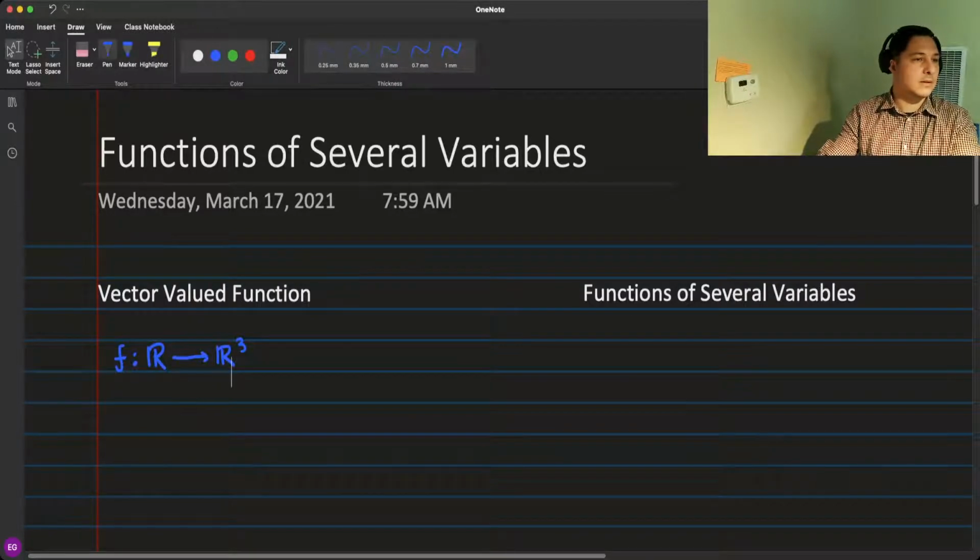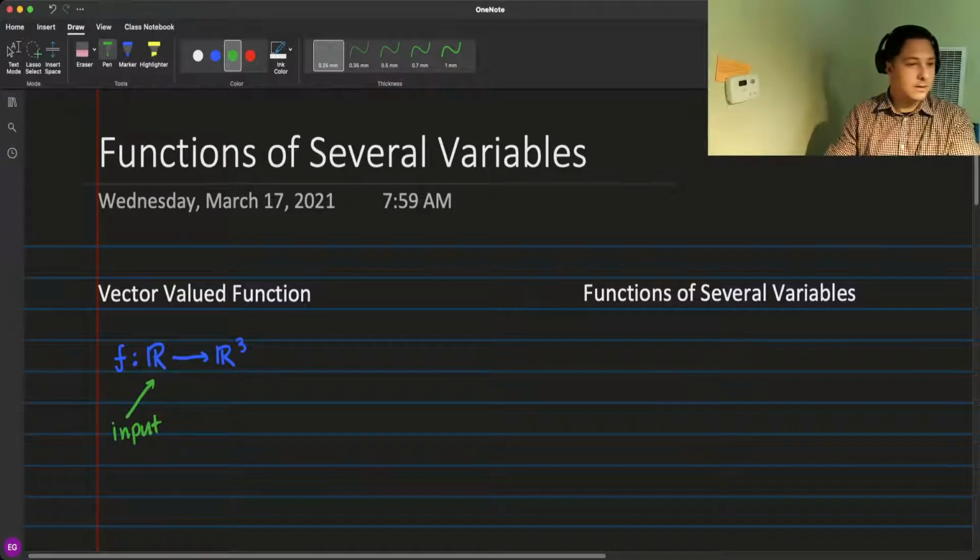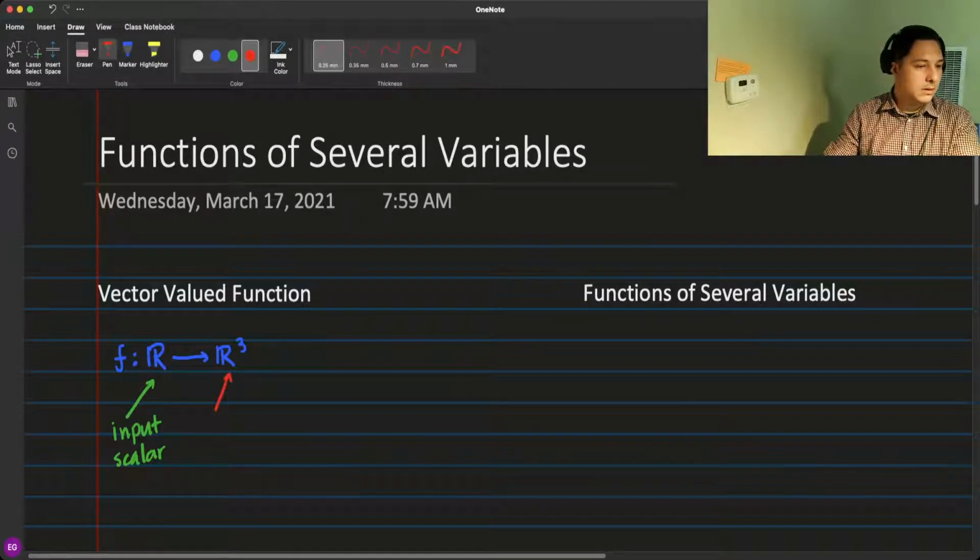This is telling you that you have a single input from the real number line, that's a scalar. But the output is a vector in R3.